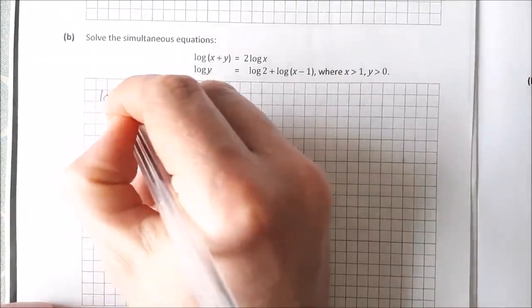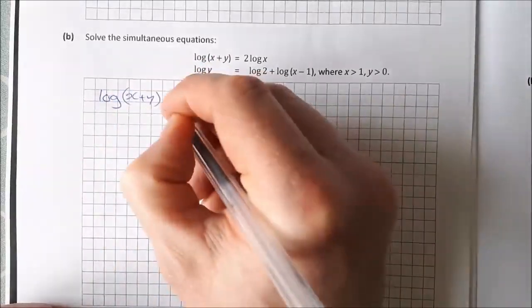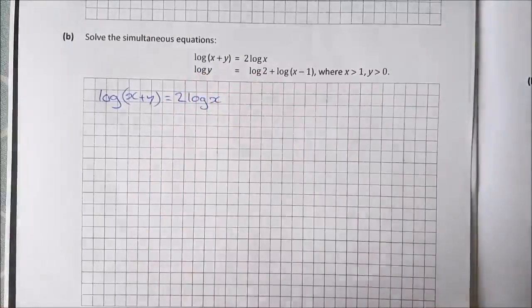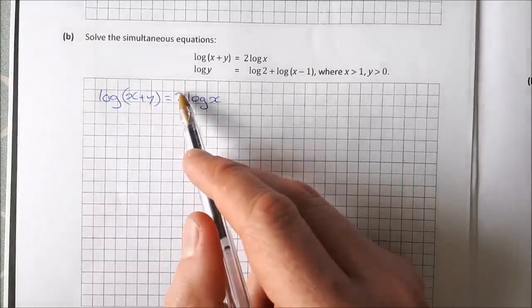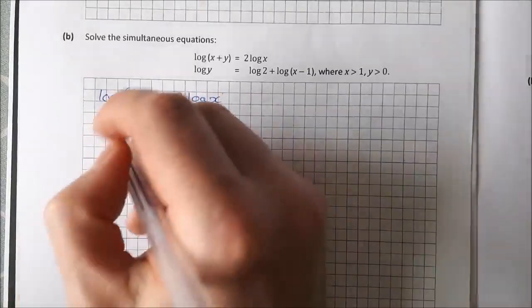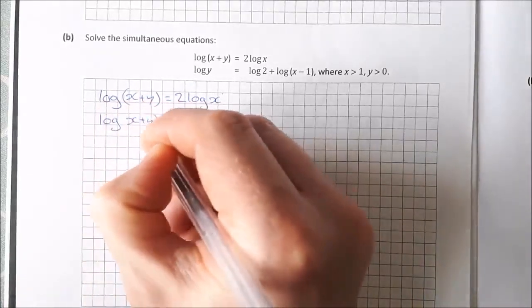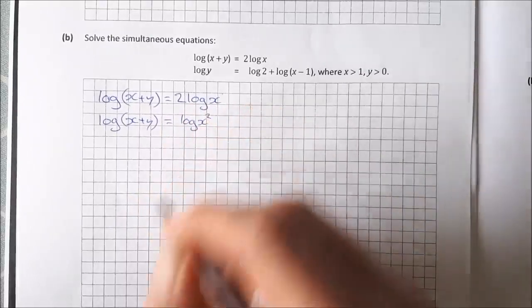So the log of x plus y is equal to 2 times the log of x. Okay, so if I use my laws of logs, that means I can bring this 2 up into the power here in the x. So I get log of x plus y is equal to the log of x squared.